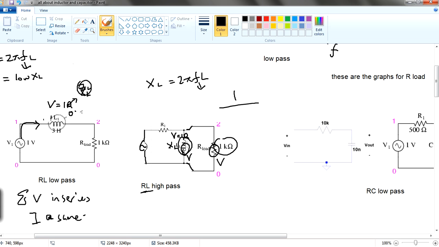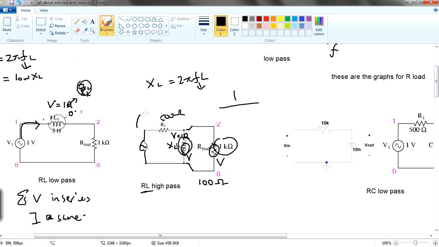Because this inductor is lousy and provides very little reactance, the overall summation of them will have a lower resistance than this one. So let's say this one is 500 ohm. The combined one may be around 100 ohm in this case.